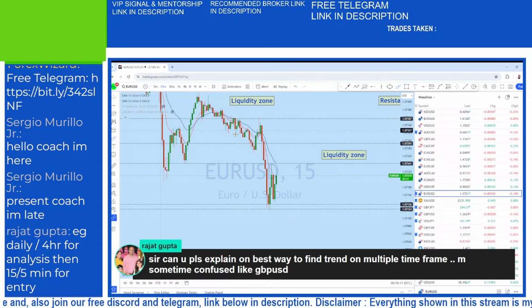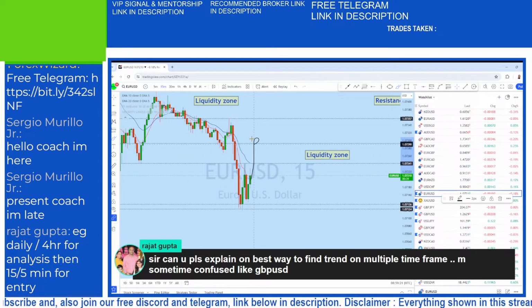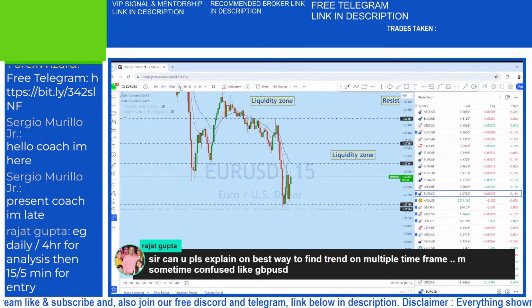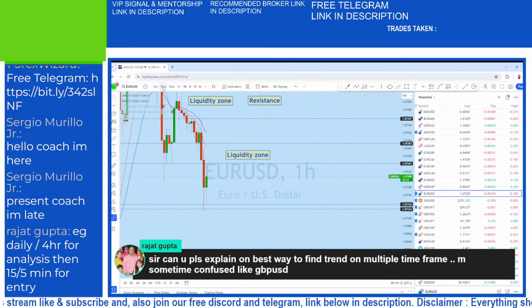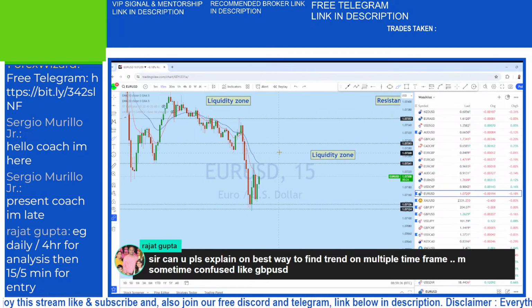For example, this is the 15 minutes on euro dollar. Now if it goes up enough, grab liquidity, then we might find a very good opportunity. If you look at the 15 minutes here, we can expect it to go up.